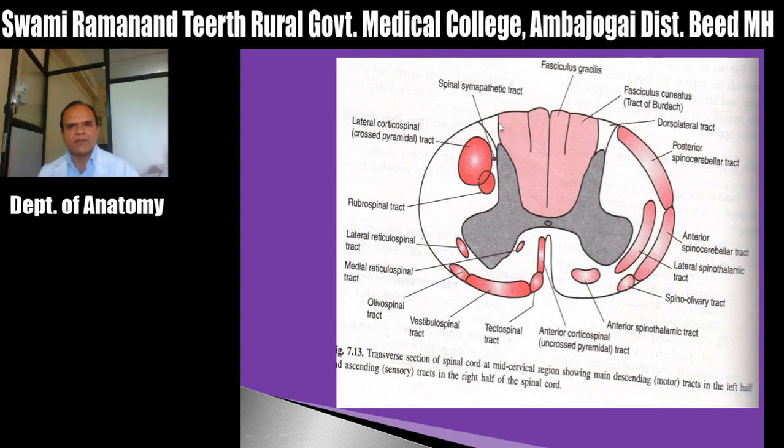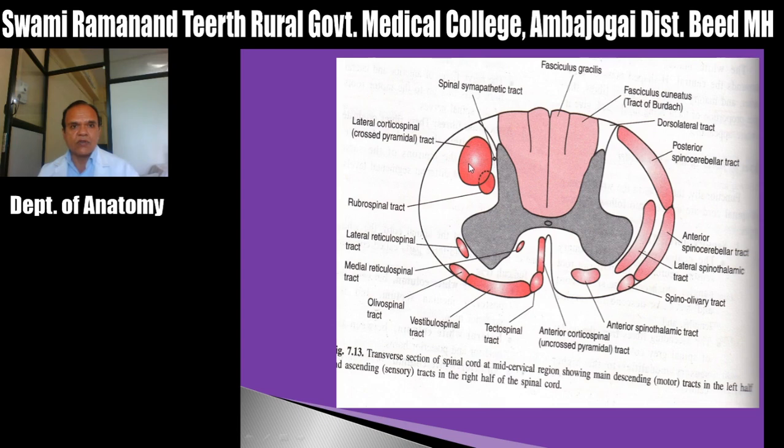And this is the internal aspect of the spinal cord, particularly the white matter divisions. Can you see here? Mainly there is the posterior funiculus, lateral funiculus, and the anterior funiculus, isn't it? And there are various tracts, ascending and descending.